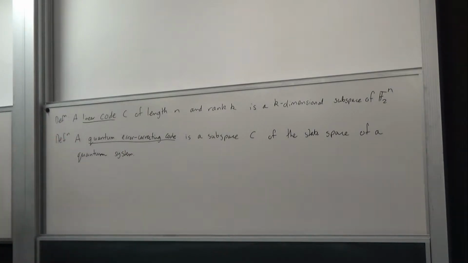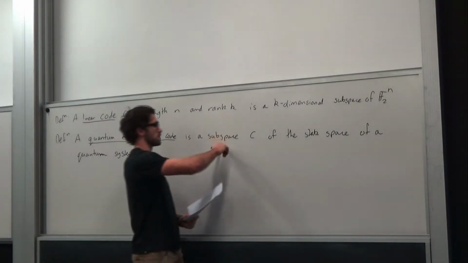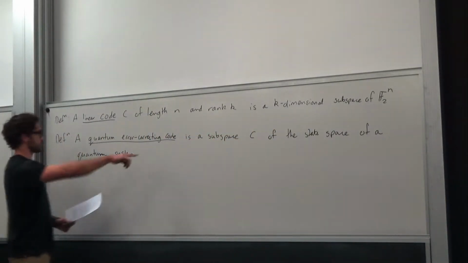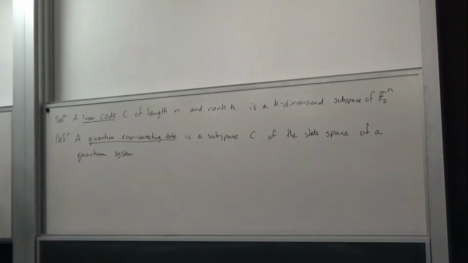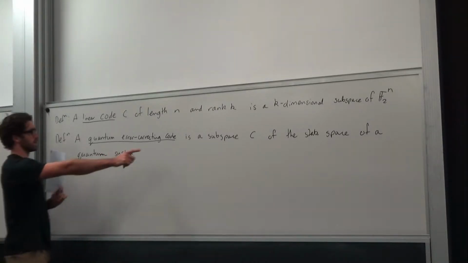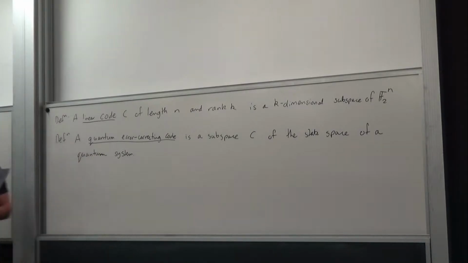So it's pretty easy to see the comparison there between these two different definitions. They're pretty similar, subspace, but the difference is what the subspace is of. So F2^n in the case of the classical linear code, and the state space of a quantum system for the quantum error correcting code.